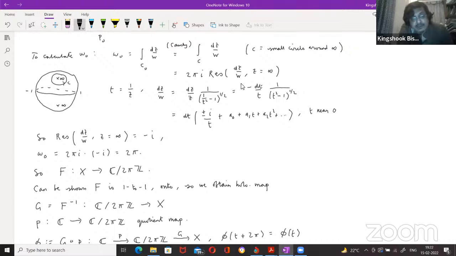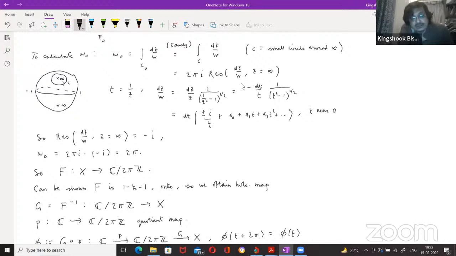So that means my map F maps my algebraic curve X to the quotient C modulo 2 pi Z. So this you can think of as a complex cylinder, right? If it was R modulo 2 pi Z, you get a circle. If it's C modulo 2 pi Z, you get a circle cross R, which is a cylinder. And what one can show is that this map F is 1-to-1 and onto.